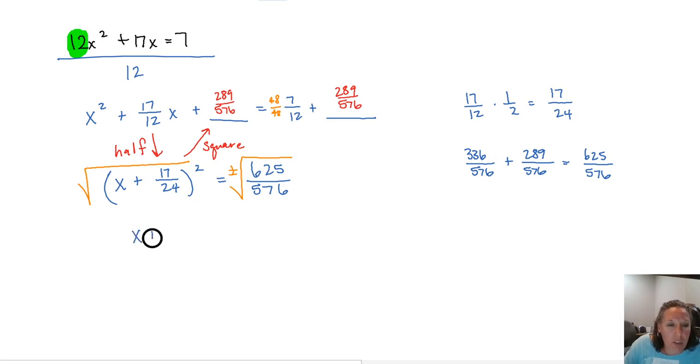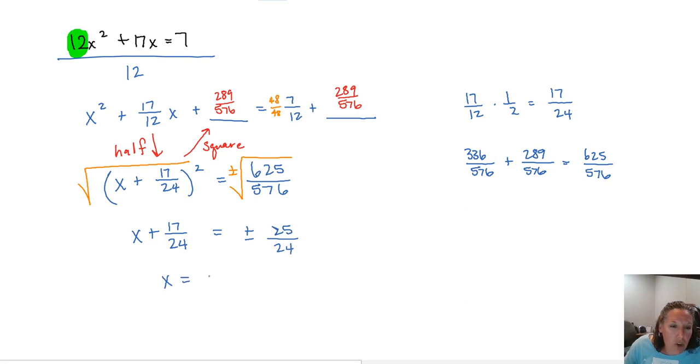On the left-hand side, we'll get just what's inside the parentheses, x plus 17/24. On the right-hand side, 625 is a perfect square. This is going to give us plus or minus 25 over 24.